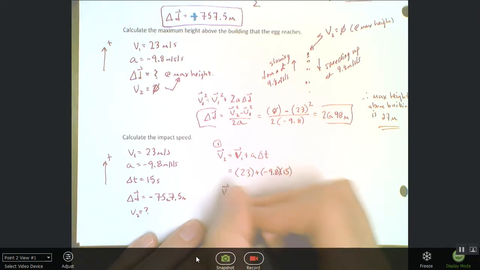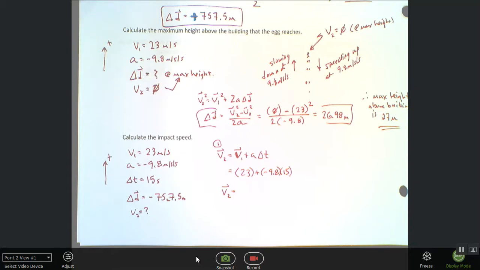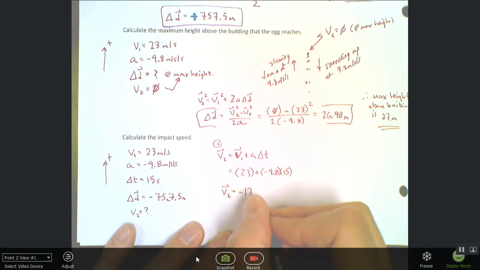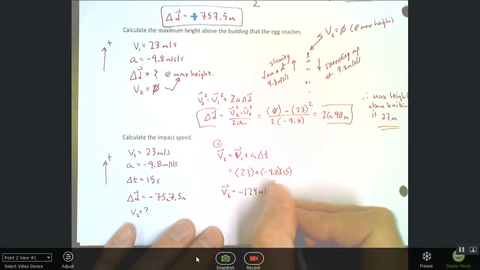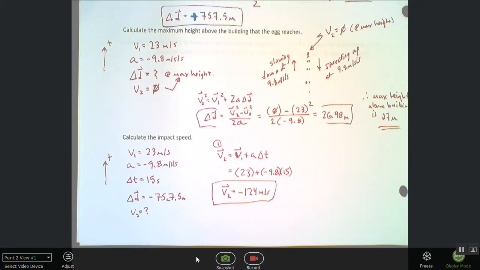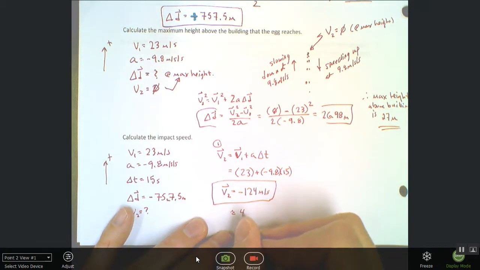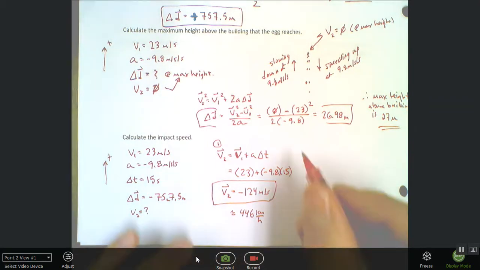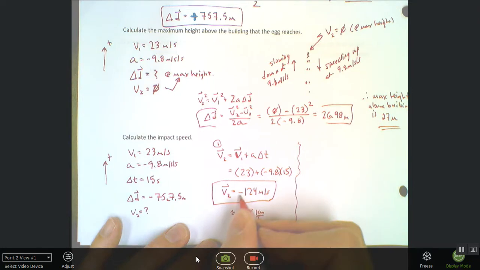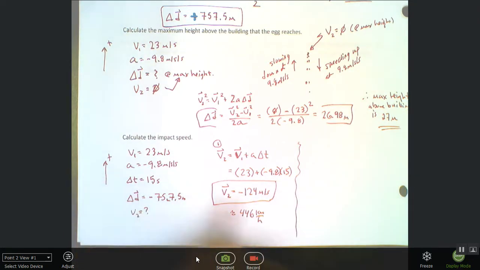So this thing will slam into the ground at negative 9.8 times 15 plus 23, which is negative 124 meters per second, approximately. That's very fast. It's about 446 kilometers per hour. Okay. The negative just tells us that it's moving downward. Since we chose up as positive, it's moving downward at negative 124 meters per second.